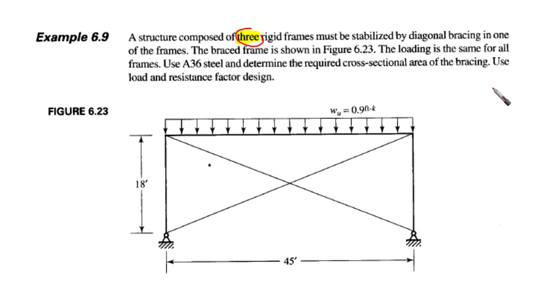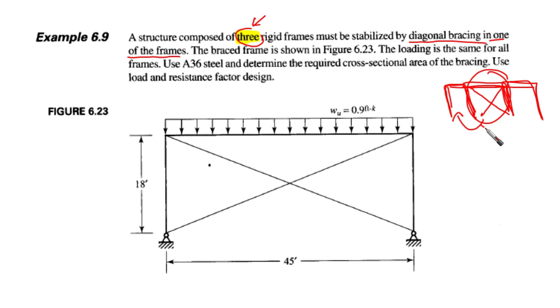So this means that we have three different panels. Take care of this word, which is three. Rigid frames must be stabilized by diagonal bracing in one of the frames, and so this bracing is going to be responsible for providing the stability for the three rigid frames.